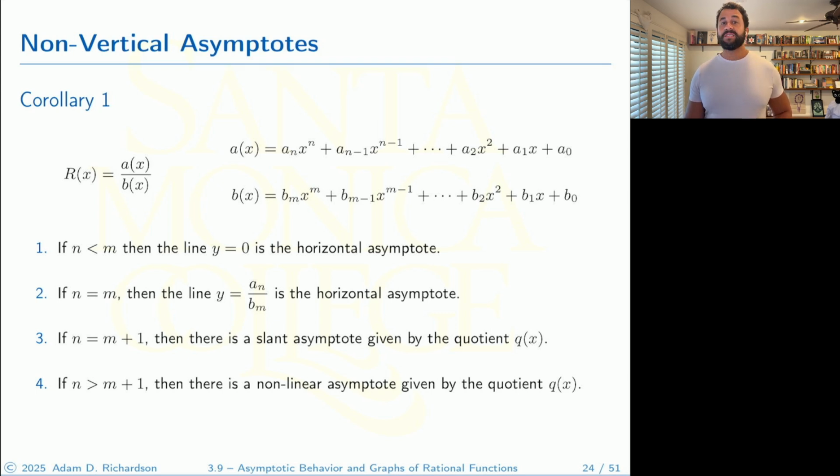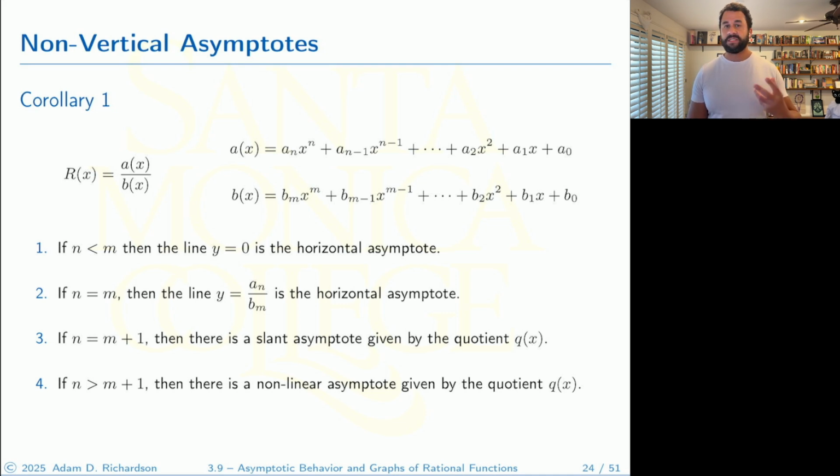All right. Case number 3, if the degree of the numerator is exactly 1 more than the degree of the denominator, you're going to have a slant asymptote. You're going to have an asymptote that's linear and not horizontal. And again, that's a consequence of the division algorithm, because if you were to divide these things and n is exactly 1 higher than m, then when you do the division, you're going to end up with a linear term.